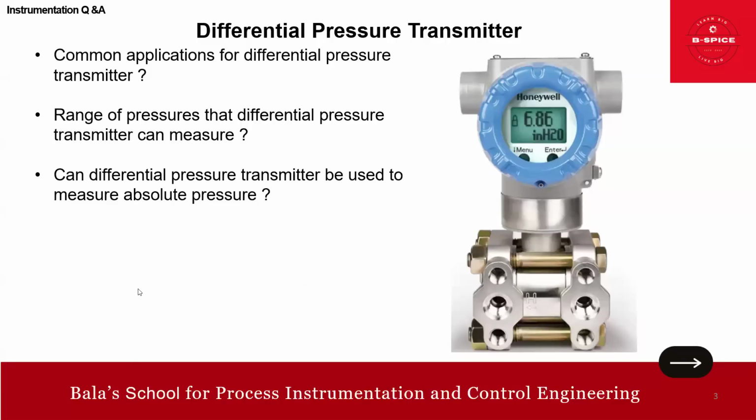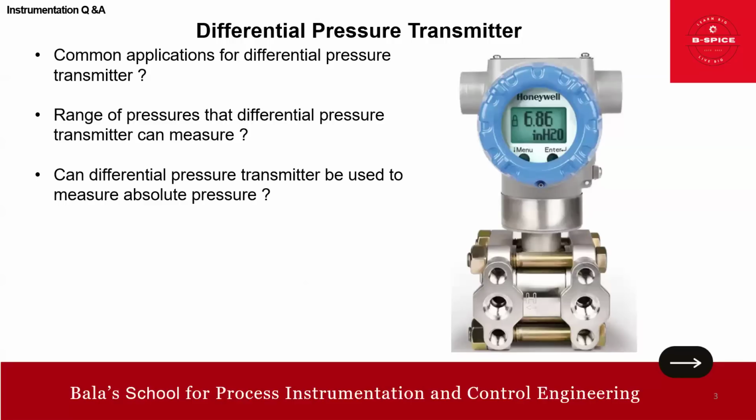Then, can a differential pressure transmitter be used to measure absolute pressure? This is a typical question. A differential pressure transmitter measures the difference in pressure between 2 points, and cannot measure absolute pressure directly, right, friends? For that there is the pressure transmitter, which we covered last time.